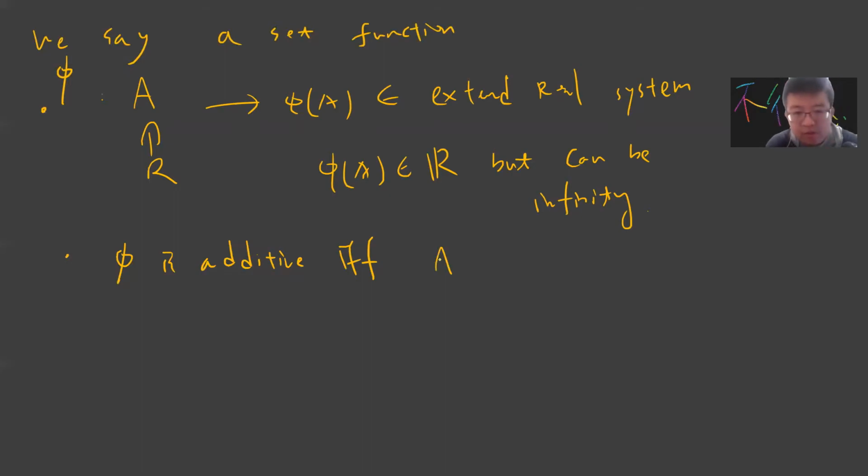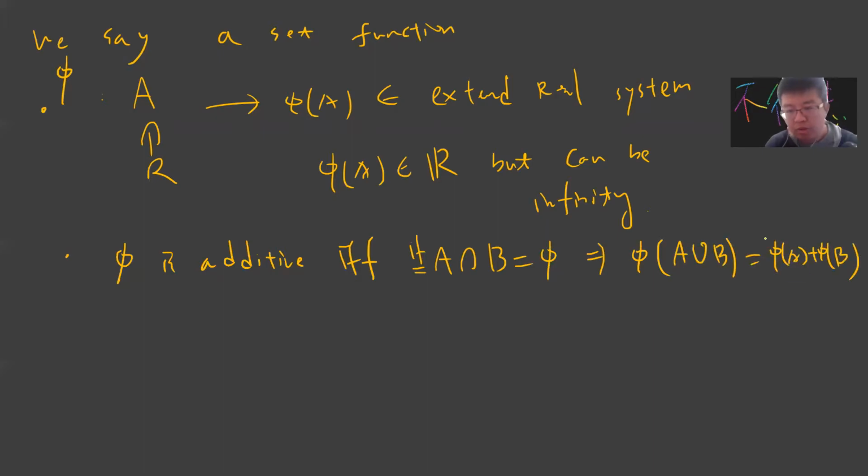So if the intersection of A and B is trivial, then phi of A union B will be phi of A plus phi of B. Okay, so you can think of phi as a volume. You have two different sets, and if they don't have any intersection, then the volume should be their addition.